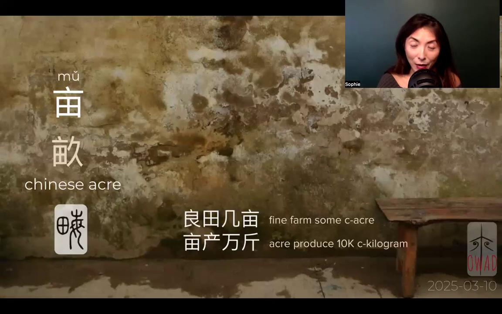But back then it was probably for survival, because there was a period of China less than 100 years ago, in the 1950s and 60s, when the Chinese government had just come into power and didn't really know how to run a country. They knew how to get a country, but not how to run it.